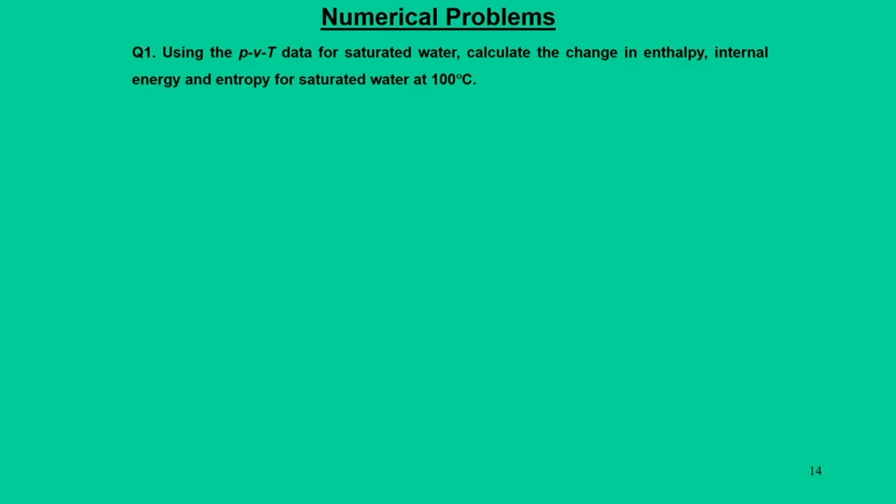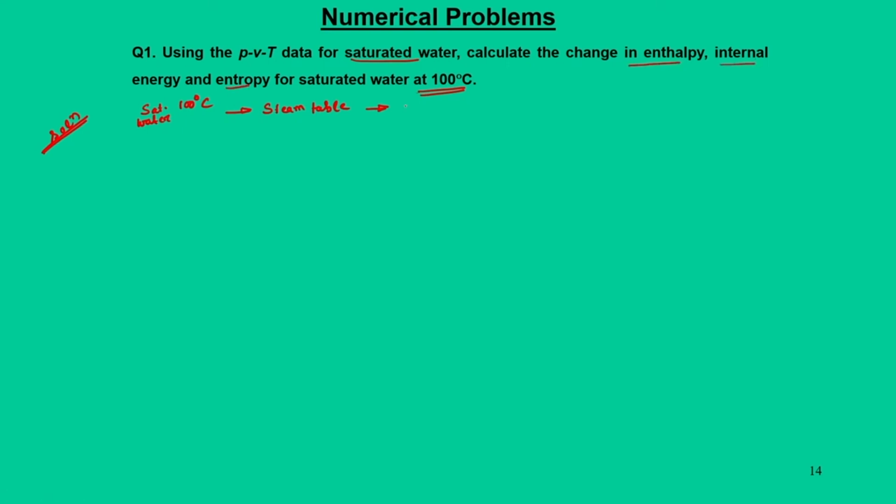So, with this background, the first problem talks about saturated water at 100 degrees centigrade. When we say saturated water at 100 degrees centigrade, we can use the steam table or the property data for water to easily find the enthalpy, internal energy and entropy.